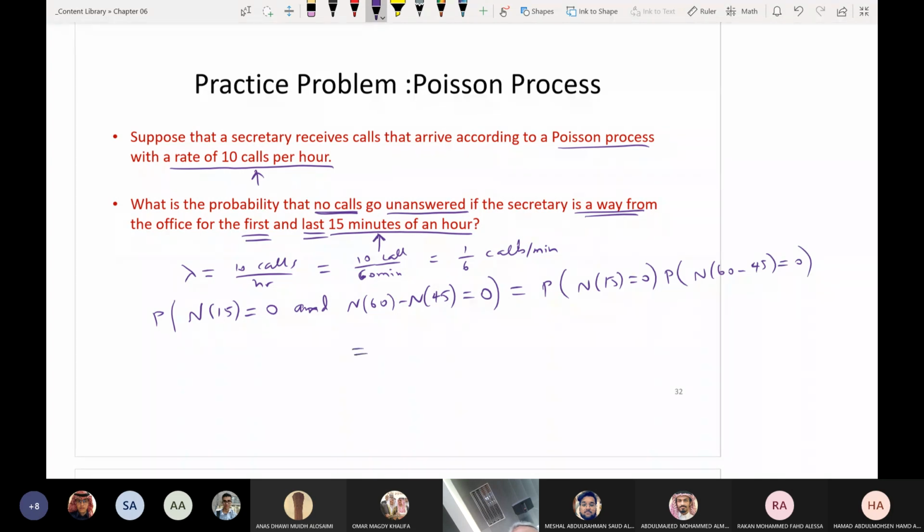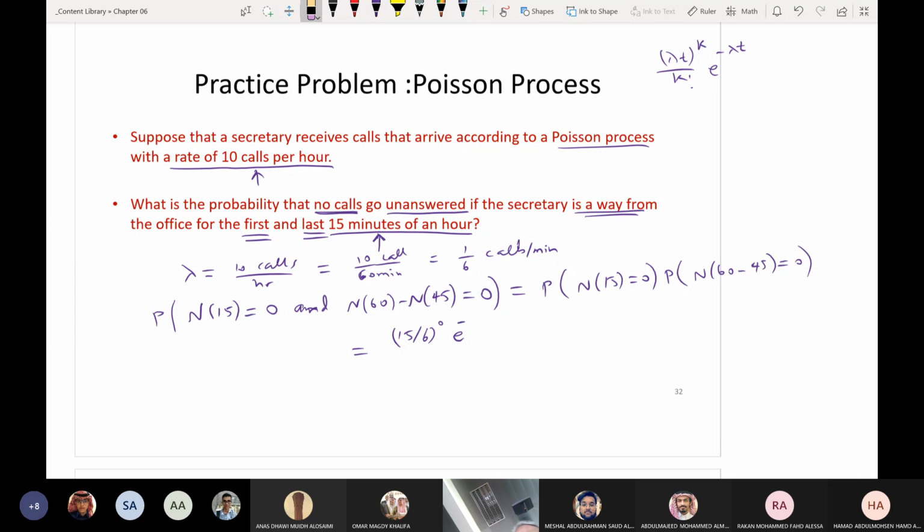Now we just replace. What was the equation? Lambda t to the power k, over k factorial, times e to minus lambda t.